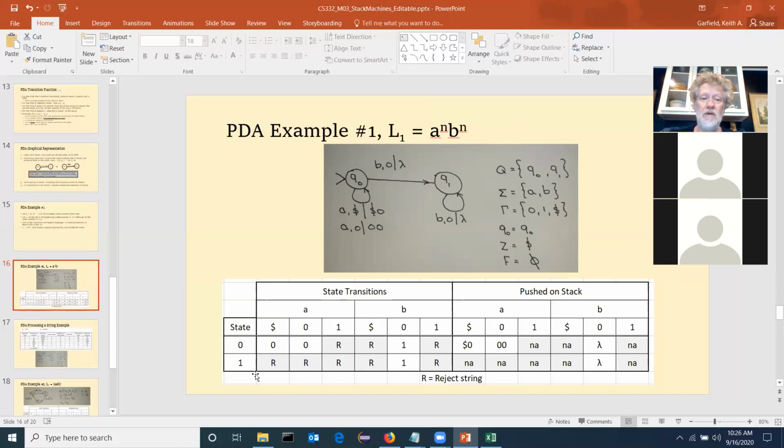That's why down here, if I'm ever in state 1 and I see an A, notice for an A, all 3 of these are reject. Because once I'm in state 1, I should never see an A again. Now, how do you know that you found them all? You don't always, right?